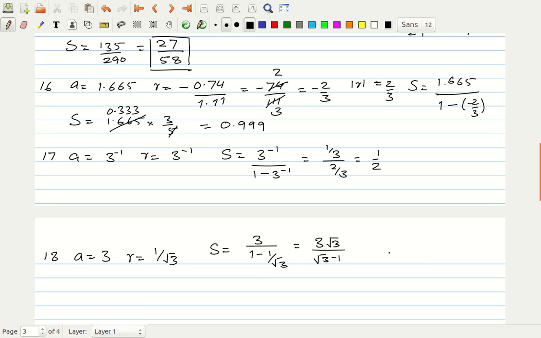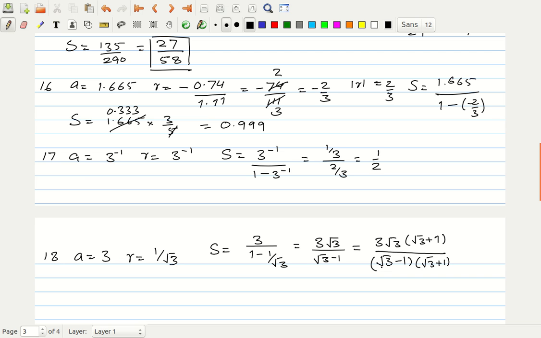Okay, if you want you can rationalize the denominator, just multiply 3 square root 3 by the conjugate of denominator, which is square root of 3 plus 1, that is if the denominator is square root 3 minus 1, we multiply with the conjugate, which is square root of 3 plus 1, so that we can get minus 1 square root of 3 plus 1.